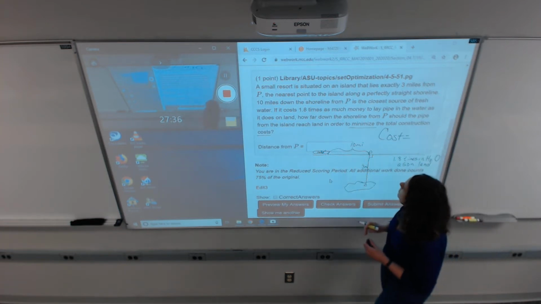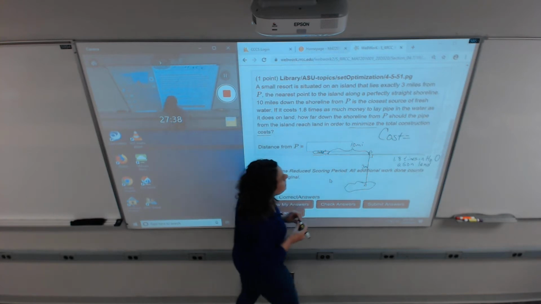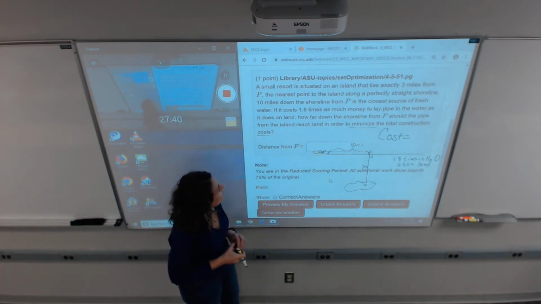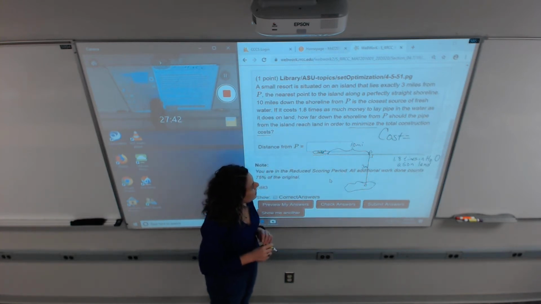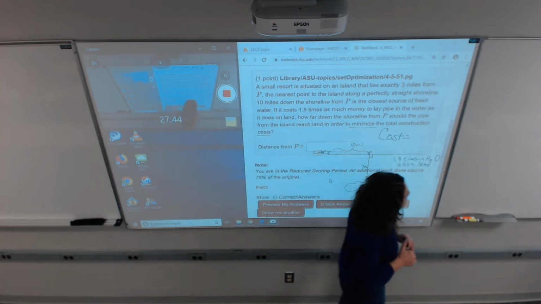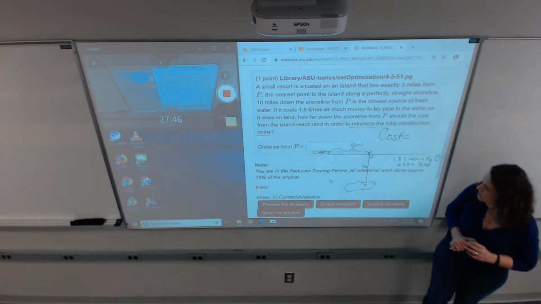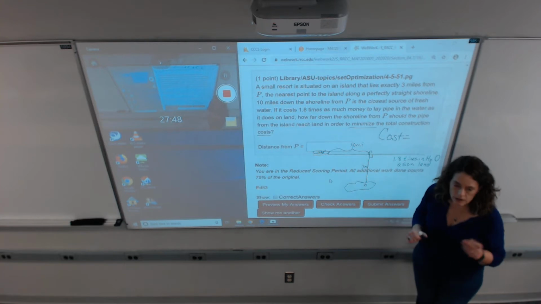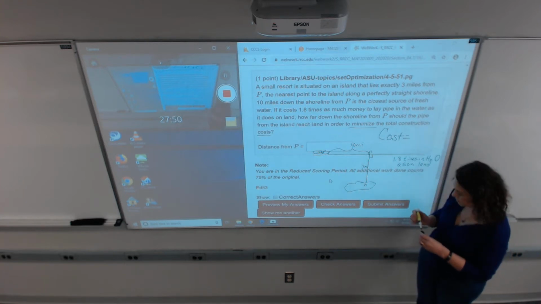How far down the shoreline from P should the pipe from the island reach land in order to minimize the total construction costs?